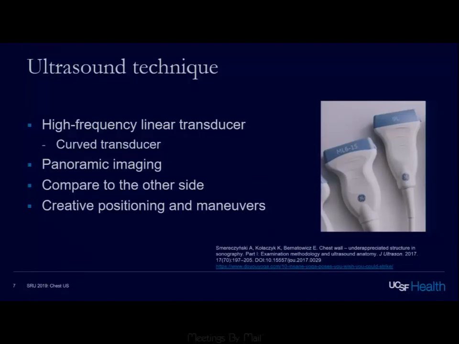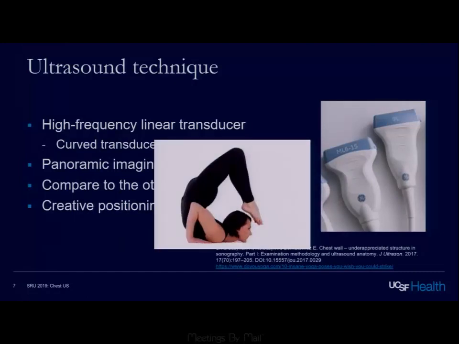Panoramic imaging comes in really handy for chest wall pathology because a lot of the structures are superficial but quite elongated, like, for example, ribs. Comparison with the other side can often be the key to many of the diagnoses, and hopefully your other or asymptomatic side is normal. And to do the dynamic evaluations for your musculoskeletal etiologies, we may have to employ some creative repositioning of the patient and some maneuvers to reproduce the patient's pain.